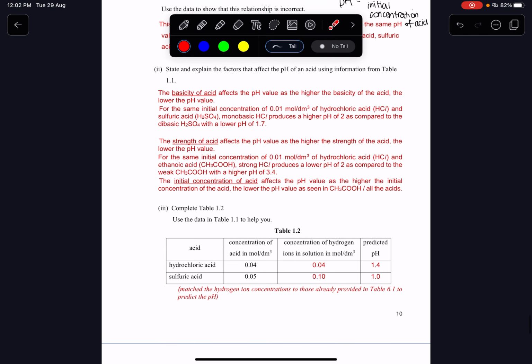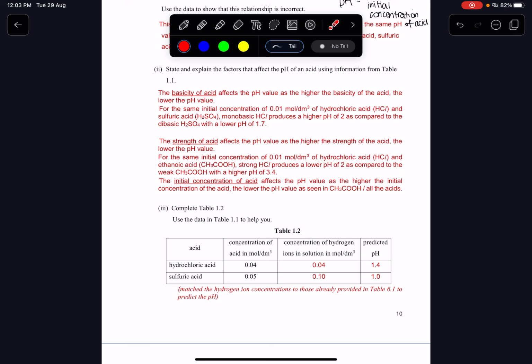Last but not least, the strength of the acid. How does it affect pH? The higher the strength, the lower the pH, which means strong acid, low pH; weak acid, higher pH. So you can compare hydrochloric acid with ethanoic acid because they are both monobasic. It will be difficult to compare a dibasic strong acid with a monobasic weak acid, so you must choose what you compare very carefully.